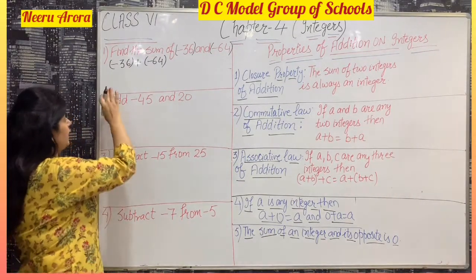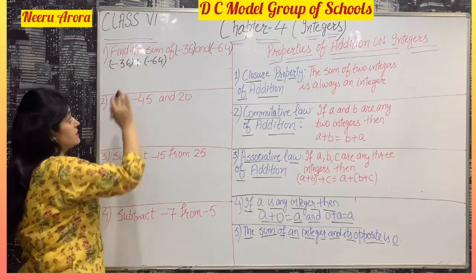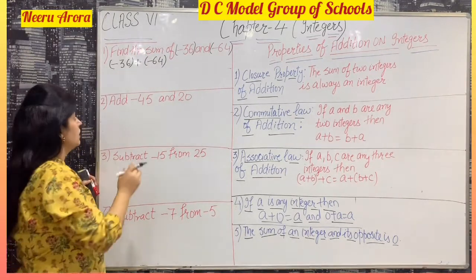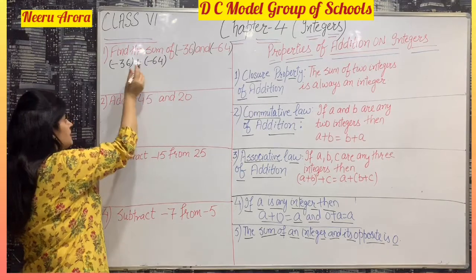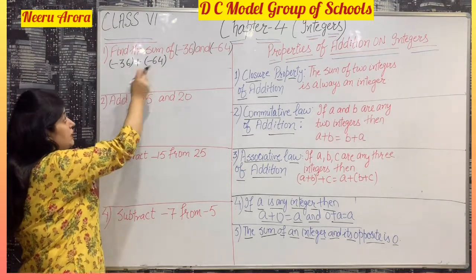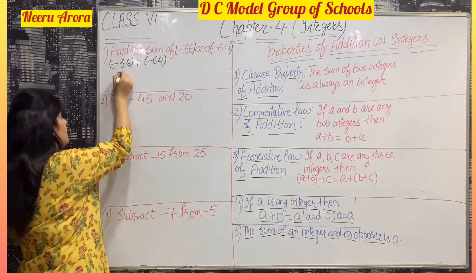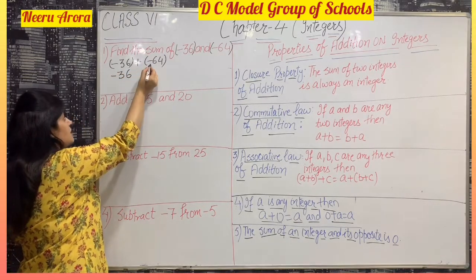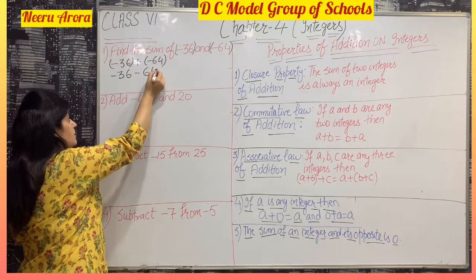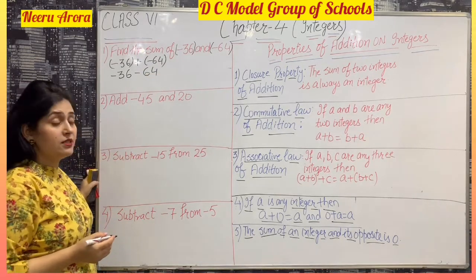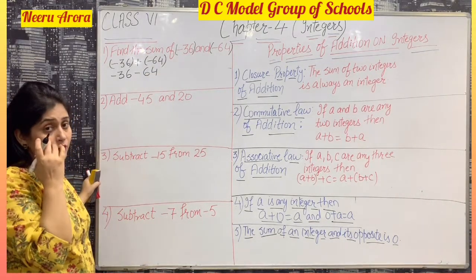There should be a single sign between two integers. So here it is plus minus, so we will convert this into a single sign, minus. So now we have minus 36 minus 64.